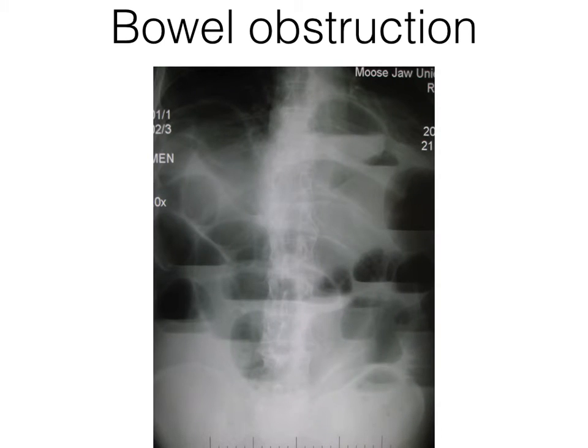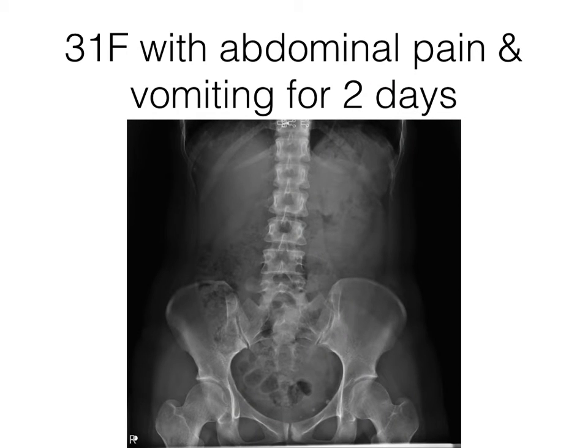Bowel obstruction. The X-ray is typical without problem, right? How about this X-ray? The patient has abdominal pain and vomiting. Can we interpret this X-ray as bowel obstruction? Difficult, right? Because of the X-ray conditions, sometimes you need to do a standing X-ray instead of a KUB.